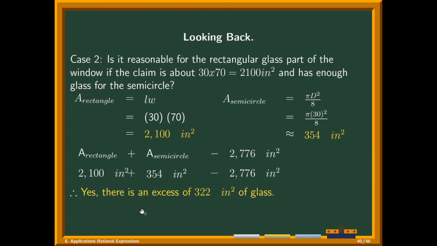The answer is yes, there is an excess of 322 square inches of glass, even if a glass of approximately 354 square inches has been provided for the semicircle.